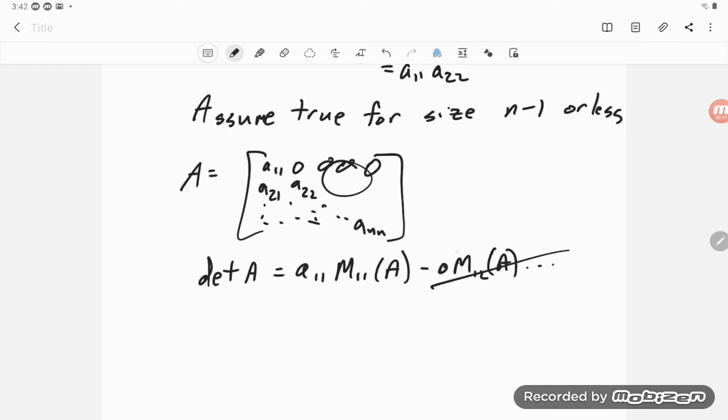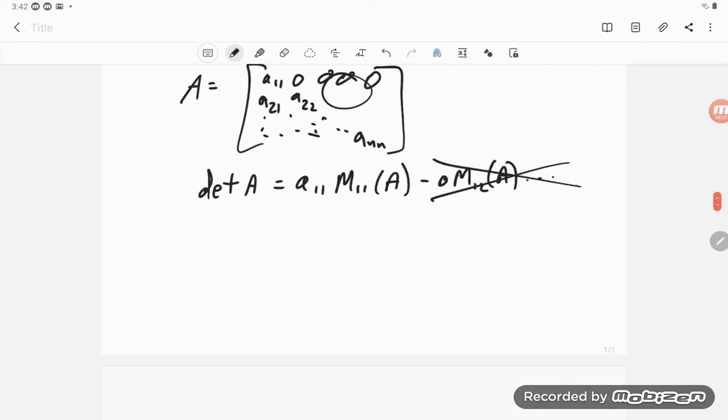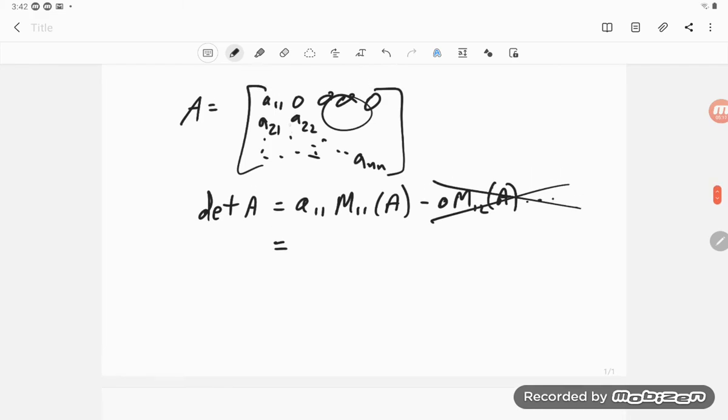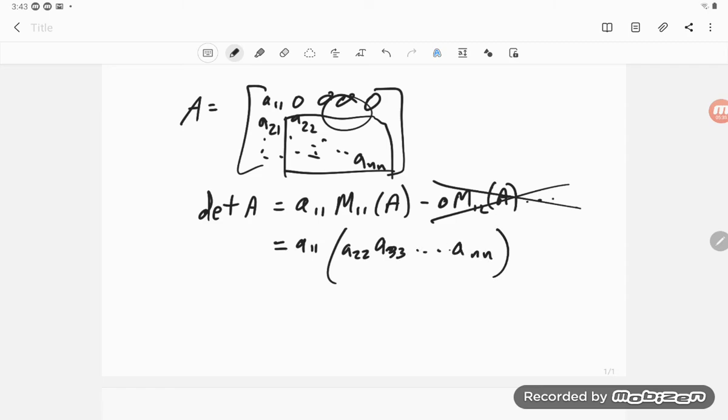So those are gone. But then by our induction hypothesis, that minor is just the determinant of that, so that's A11 times A22, A33, dot dot dot, to Ann. And so by induction, we have it.